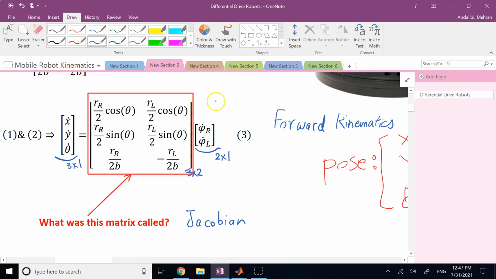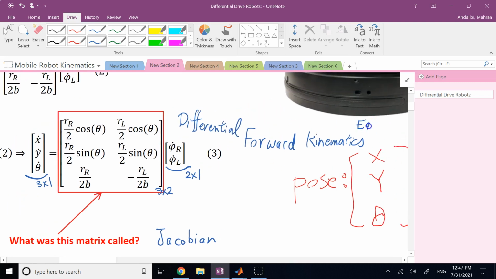The names are differential forward kinematics equations. So the names of these equations are called differential forward kinematics equations for the differential drive robots.